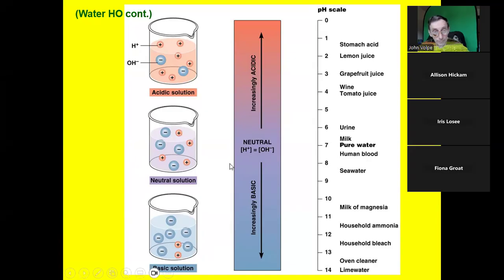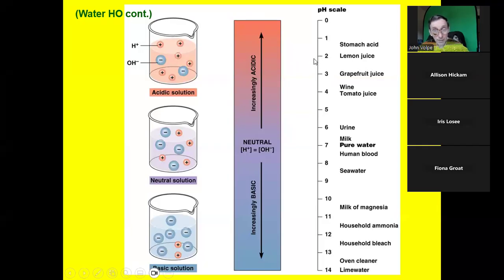So the hydrogen ion concentration equals the OH- concentration, and that is pH 7, pure water. Urine has a little bit more hydrogen ions than OH- ions, then it's pH 6. Tomato juice, even more hydrogen ions than OH-, and that would be pH 4. Lemon juice, pH 2, even more hydrogen ions in it.